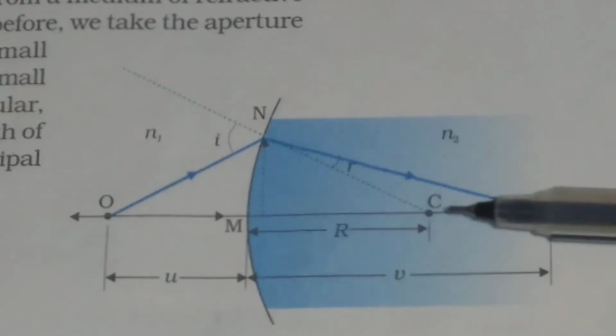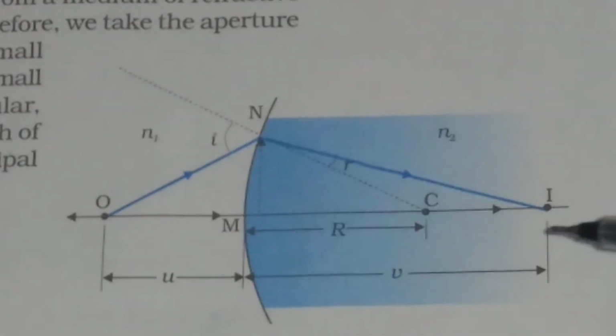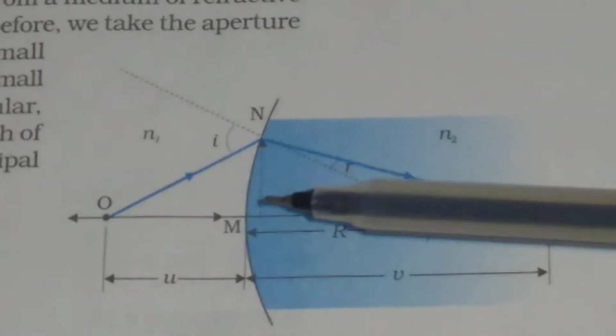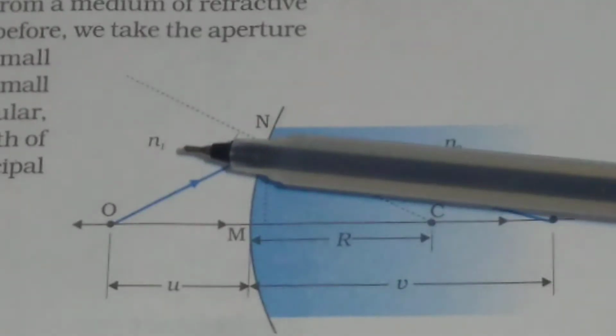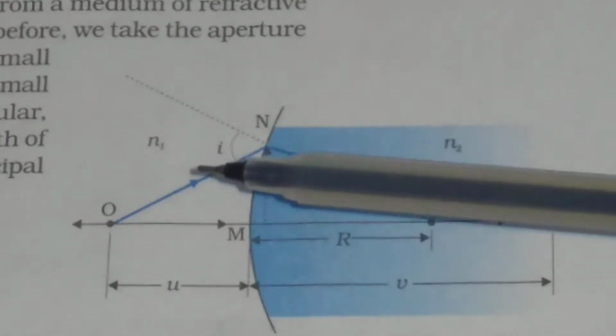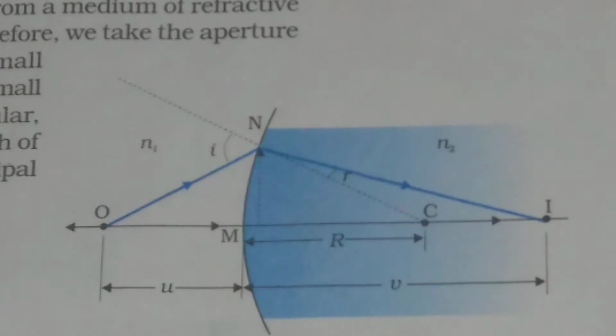Okay. So the image of the object O is I. And light rays are incident from a medium having refractive index n1 to another medium having refractive index n2.